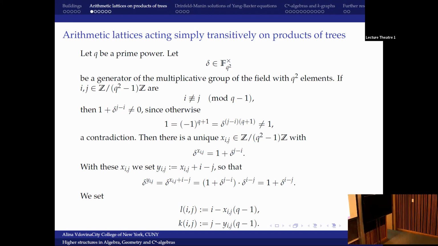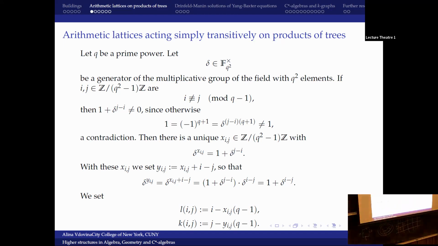Of course, I don't want you to understand every line on this slide. It's just to show what I'm going to do now: construct, for dimensions 3 and higher, cube complexes such that their universal covers are buildings, or in this particular case, Cartesian products of trees.